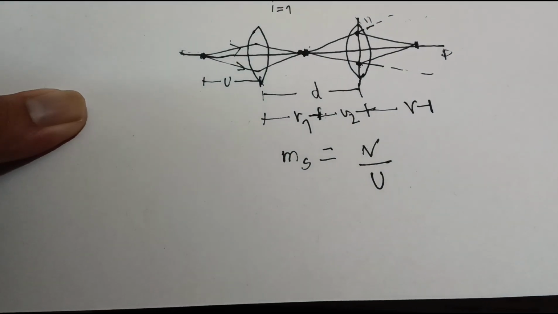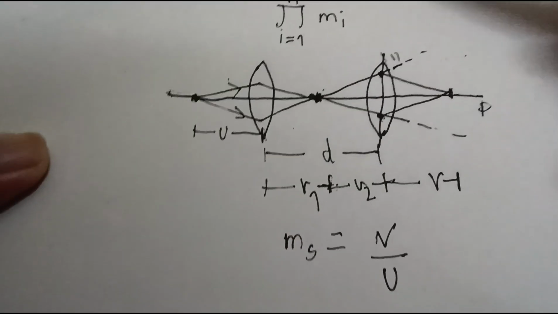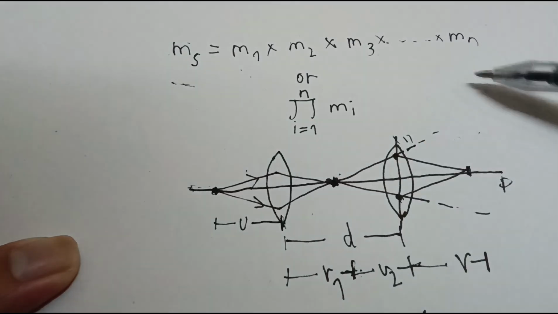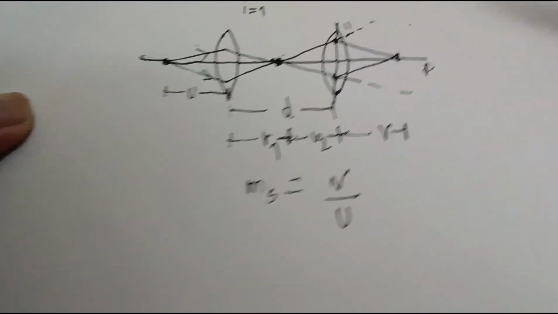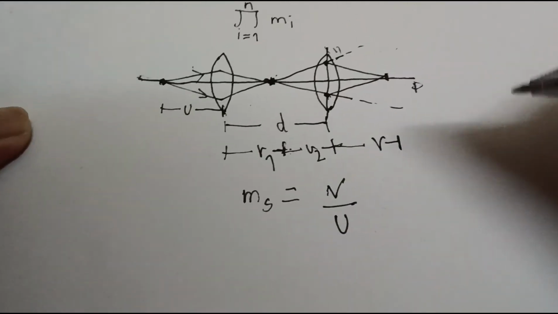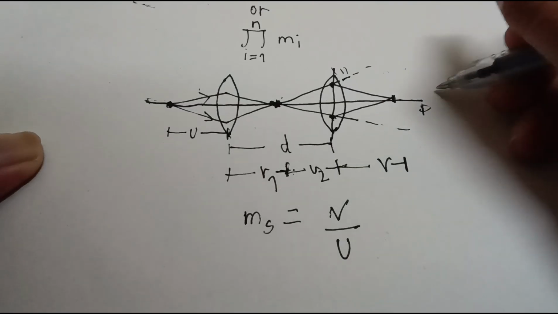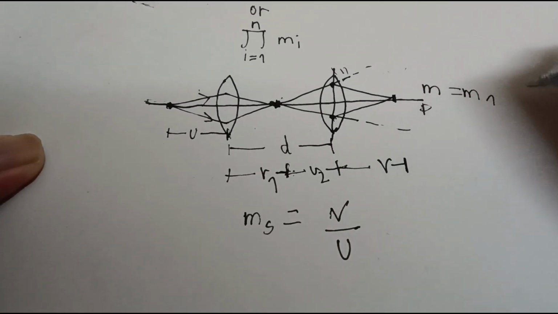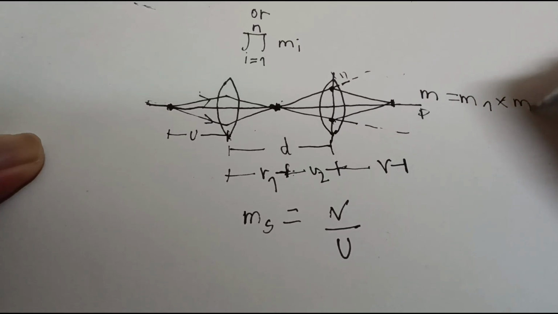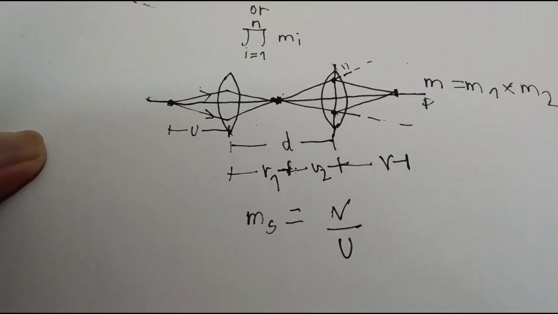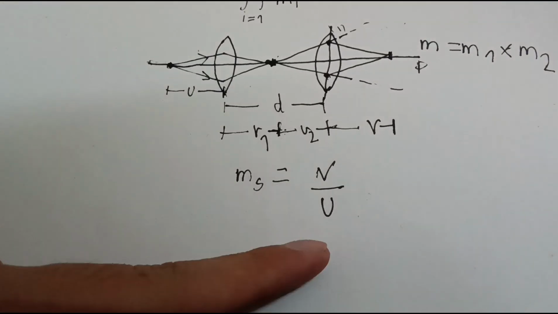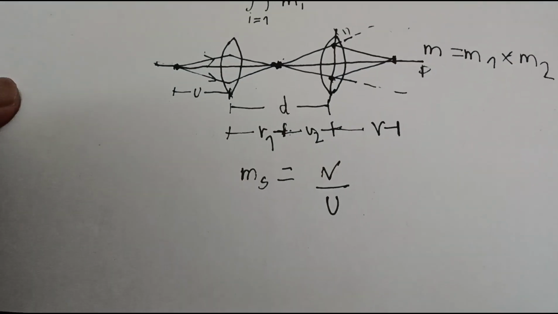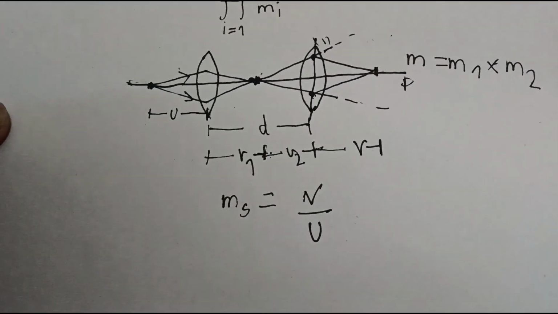Now you might say, how are we gonna get this thing from this thing? According to this formula, the magnification of this system should be this, but we are getting this. So how do we proceed?